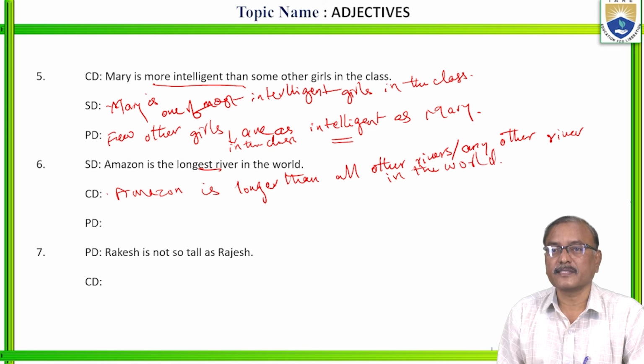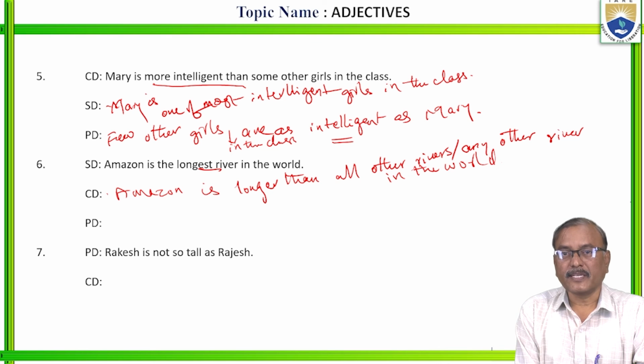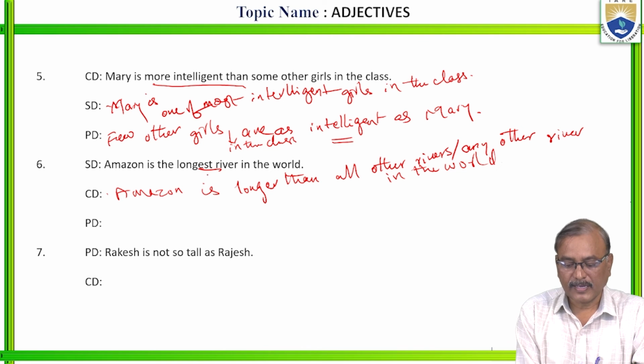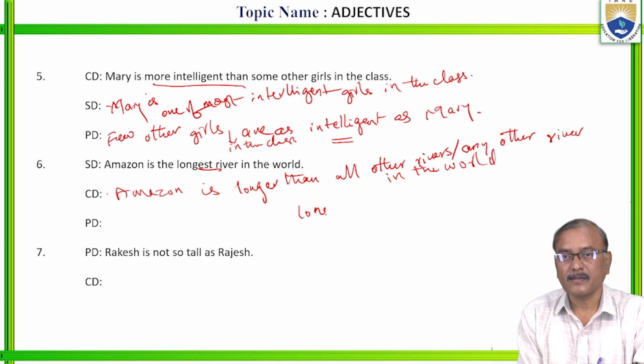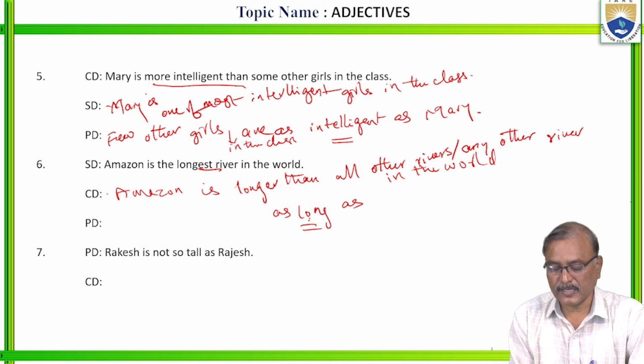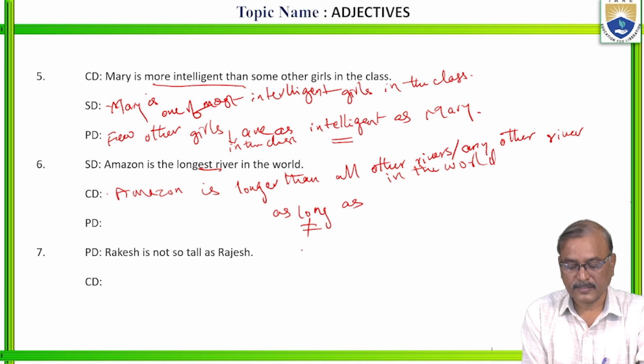Right? Next. Positive degree. When it is asked to positive degree, just keep yourself cool. Write the positive form, long. Right? On both sides keep as long as. As long as means equal. Is there any other river equal to Amazon? No. So then keep here not.